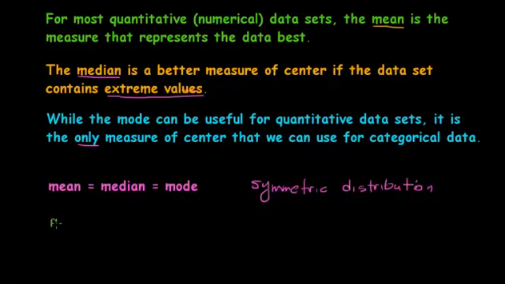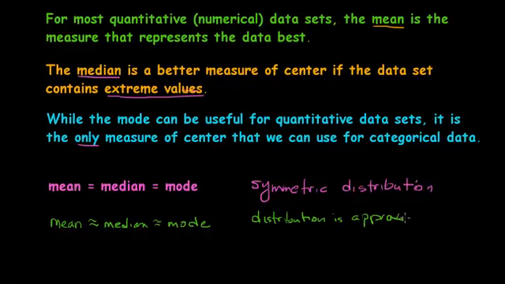So more commonly what would occur is the mean is approximately equal to the median, which is approximately equal to the mode, and in this case we say that the distribution is approximately symmetric, which is more likely to occur.